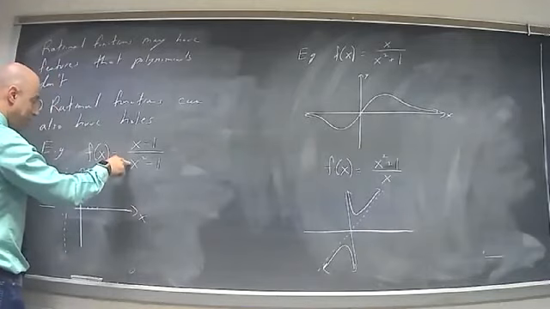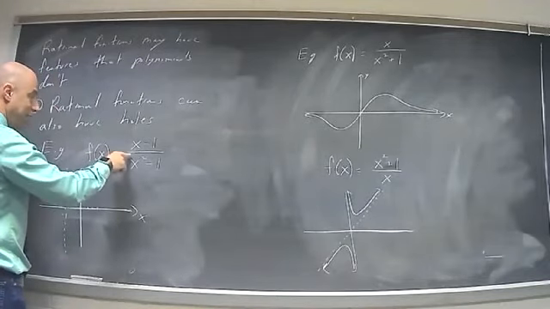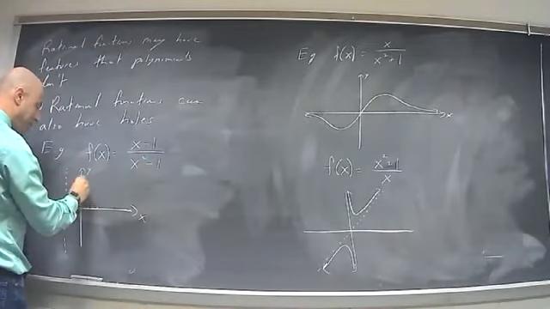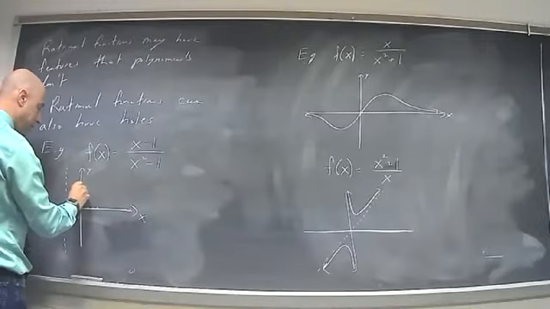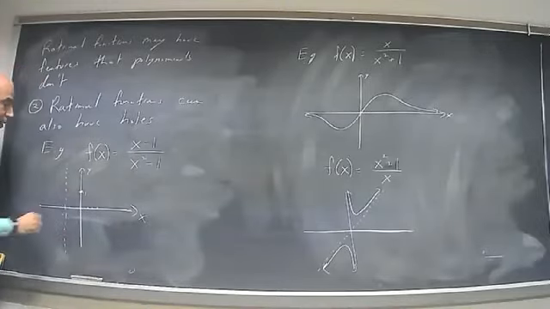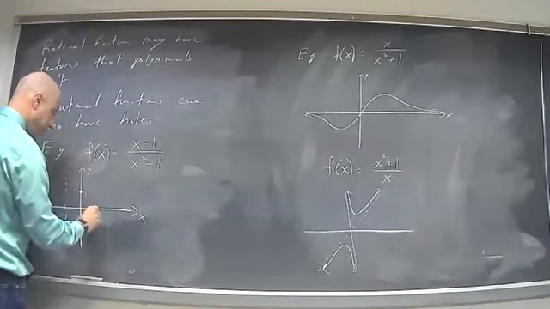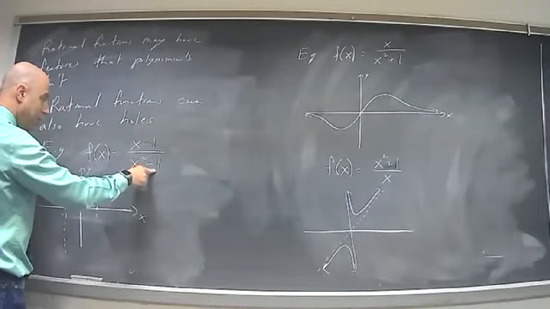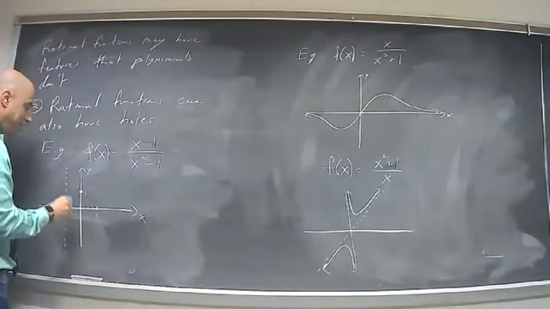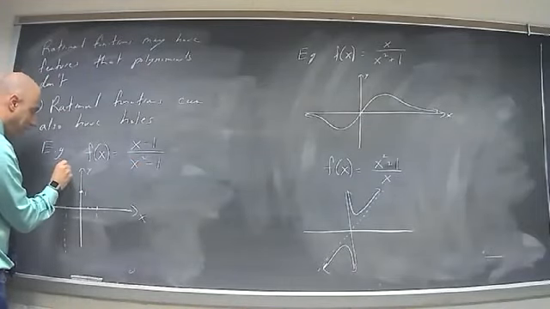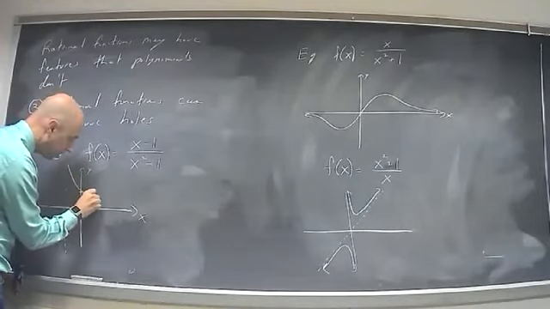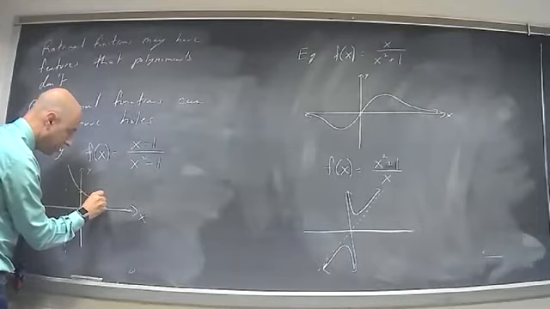We plug in x equals 0, we get -1 over -1, so it crosses the y-axis at 1. But at x equals 1, if you try to plug x equals 1 in here, you get 0 over 0, and it's undefined. So this thing looks a lot like this. It has a hole in the curve right there.